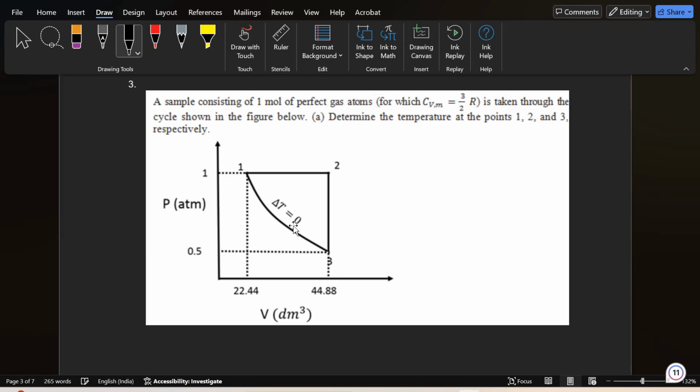No, what I'm asking is you read the problem and tell me how we can find the temperature at points 1, 2, and 3. You can see the graph, right? P and V. Yes. So I'm pretty sure you know the answer for this. You can tell me how we can go about finding the temperatures at points 1, 2, and 3.